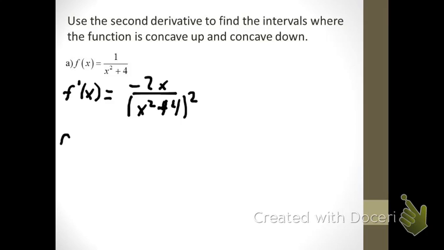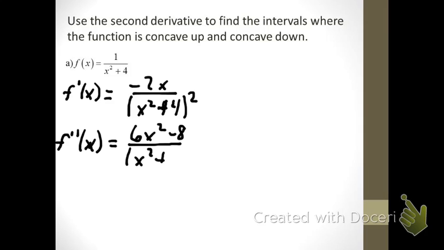And then the second derivative, in which you have to use the quotient rule and the chain rule whenever you're finding the derivative of the lower function, ends up being this. F double prime of x is (6x squared minus 8) over (x squared plus 4) cubed.